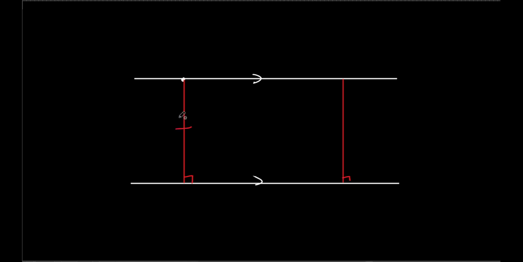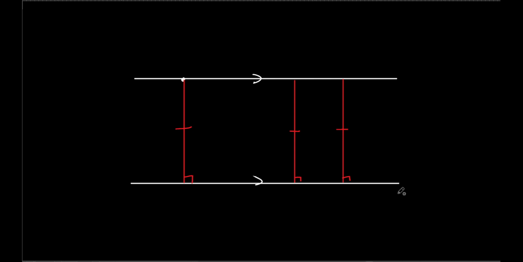So if this has one tick mark, and that's perpendicular between two parallel lines, then how many tick marks do I put on this one? One, because they're equal to each other. I could do this all day long, couldn't I? What's going to be true, if it's perpendicular, about all three of these red lines? They're all going to be equal, and I could keep doing that forever.